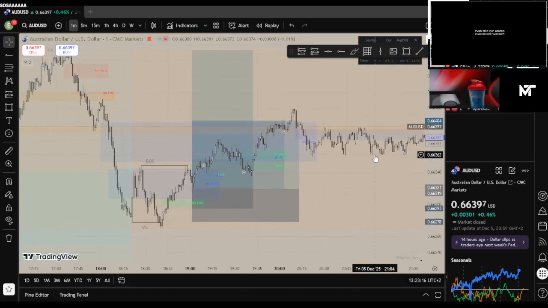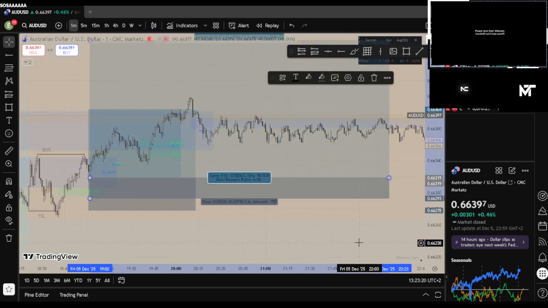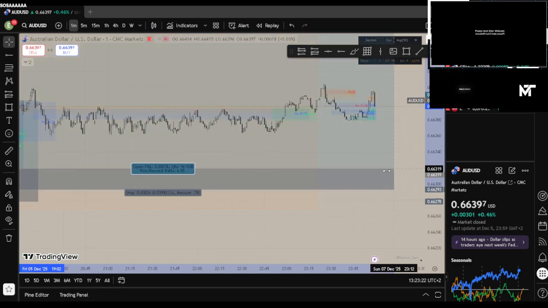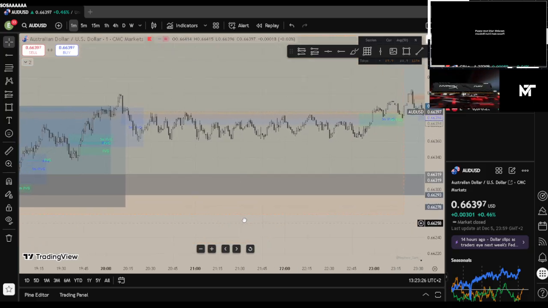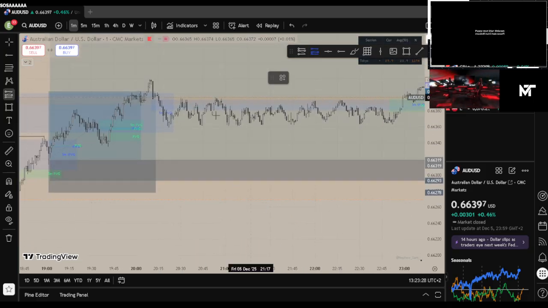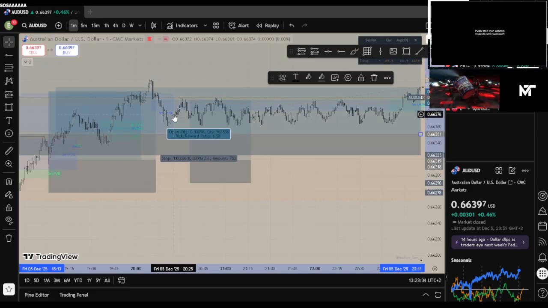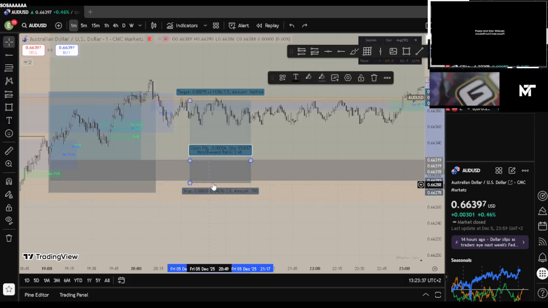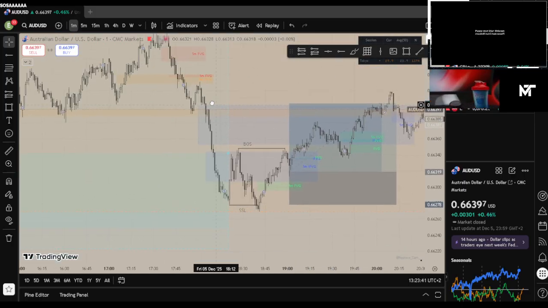But you see, markets are about to close, and you still haven't closed your position. So just don't be stupid with where you place your TPs.